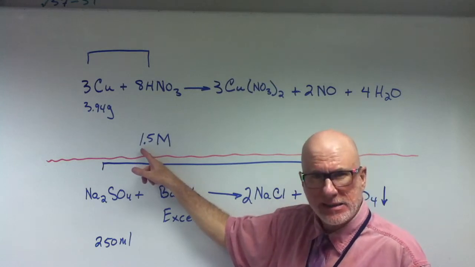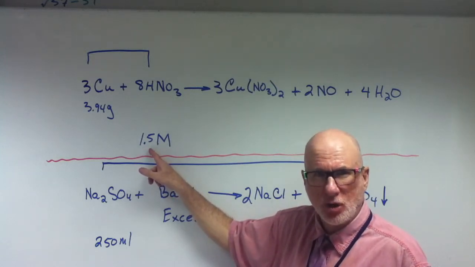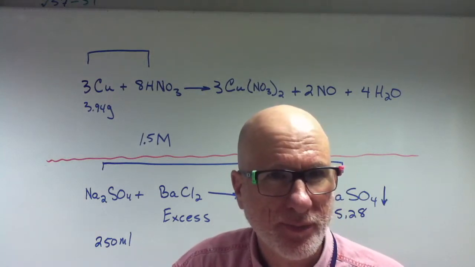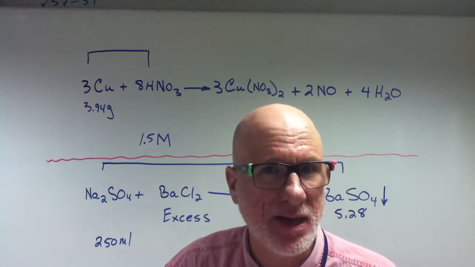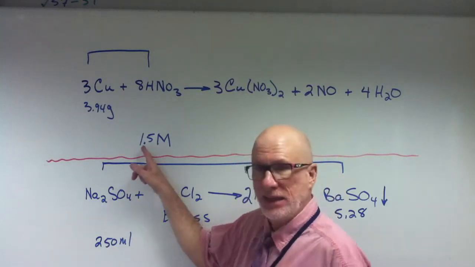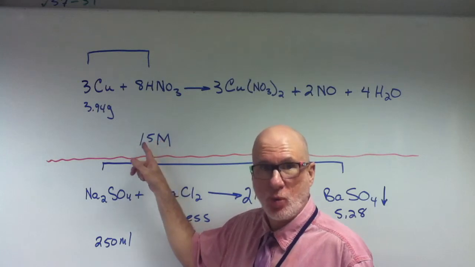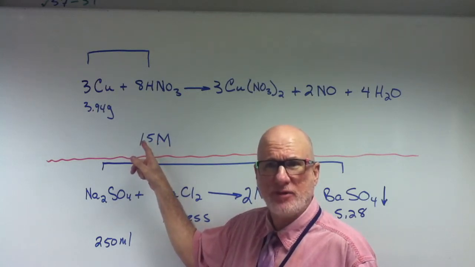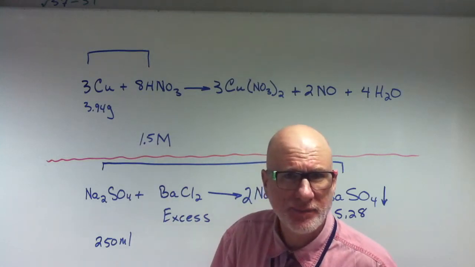What's the mass of 1.5 moles of nitric acid? Because doesn't that say it's 1.5 moles per 1,000 milliliters?